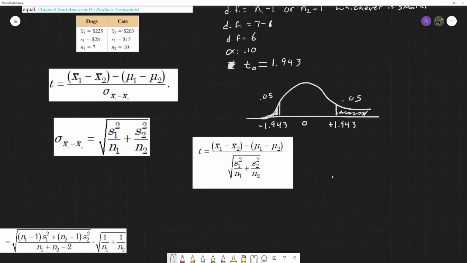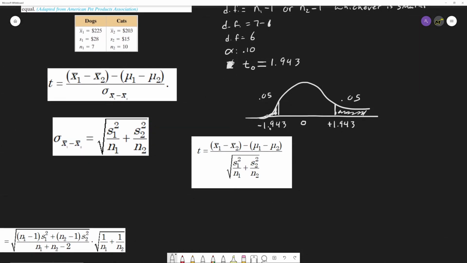It looks like the first sample mean we had was $225. And the second mean was $203. And here we're saying the null hypothesis is assuming they're equal, and so the population means would be no difference, which would be 0. So the difference in means would be 0, if we're assuming they're actually the same.